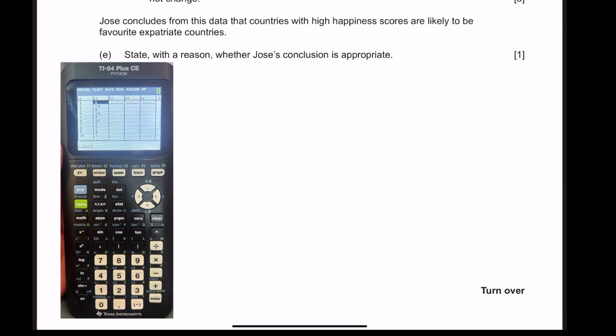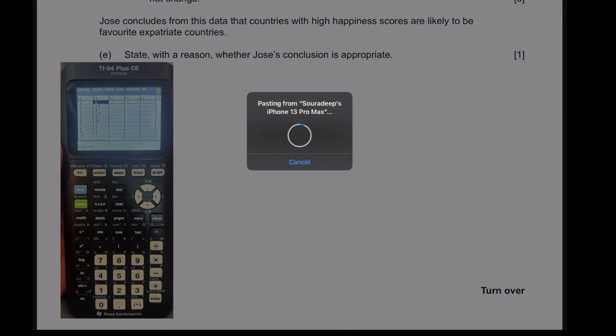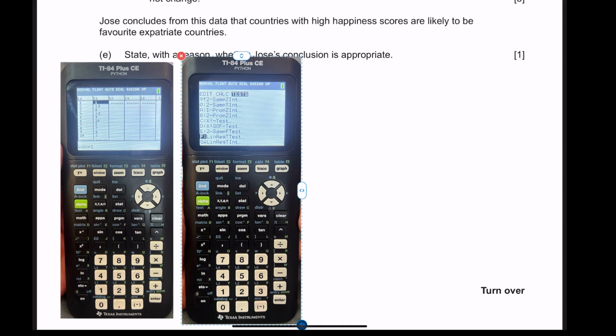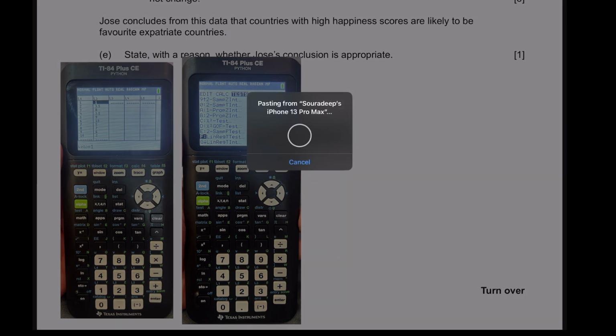After this, you have to click stat and then go on to tests. You scroll down until you reach the LinRegTTest, this one. Let me show you. This is the option you should be looking for. When you choose LinRegTTest, it should look like this. Here you place X list as L1 and Y list as L2.